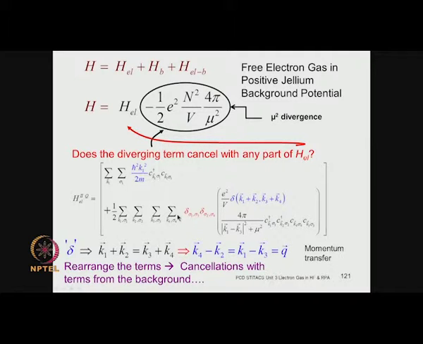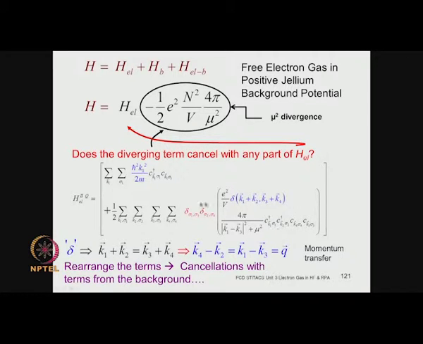Now we have to remember that in the electronic Hamiltonian there is a Kronecker delta over here. So that is going to put some constraint. There are 4 momentum indices, K1, K2, K3 and K4, but all of them are not independent because K1 plus K2 must be equal to K3 plus K4. So there is one constraint, and that will reduce the number of momentum variables that we have to work with.